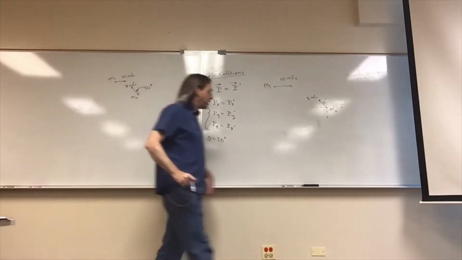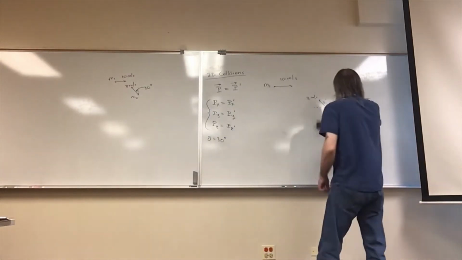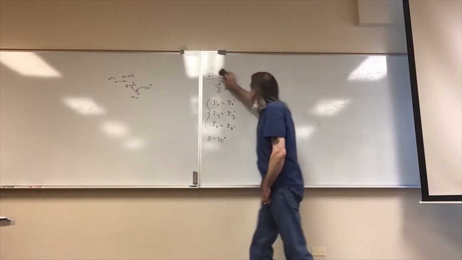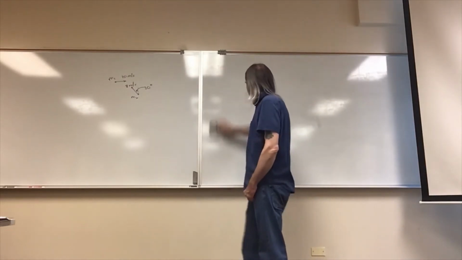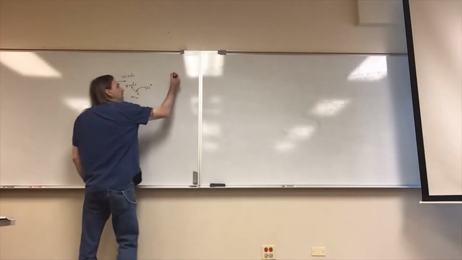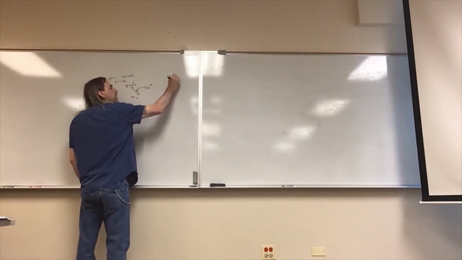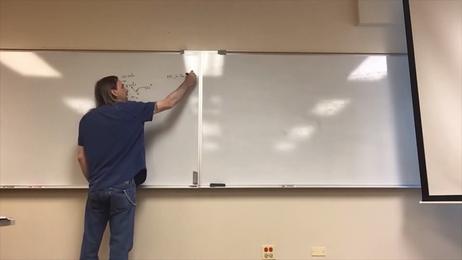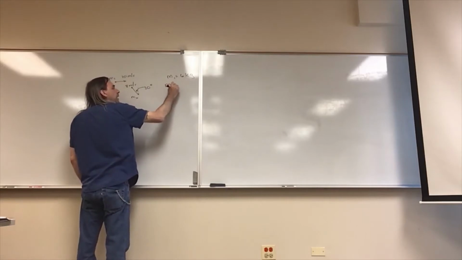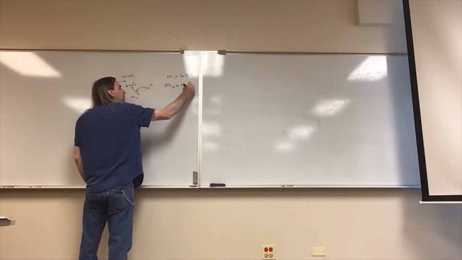So I'm going to erase this board on the right. We'll set up our equations here. So again, we know the masses. I'll just write down some numbers for that. M1 is 6 kilograms, and say M2 is 4 kilograms.